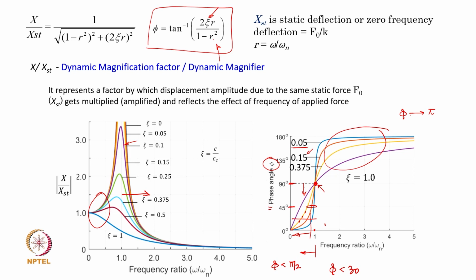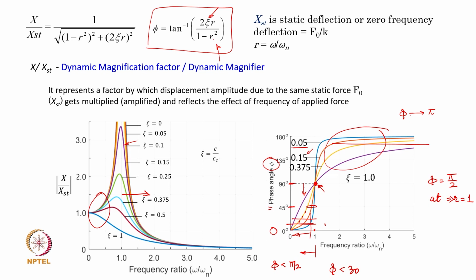So, the phase angle for small damping ratios is going to be either close to 0 or close to 180 degrees. And all the graphs pass through this 90 degrees, which means that the phase angle is going to be pi by 2 at r equal to 1, irrespective of the damping value.